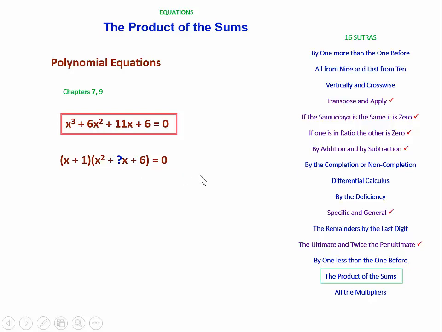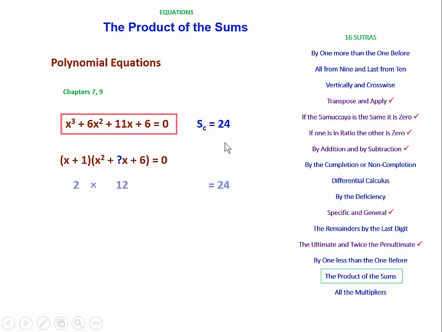And we can use the sutra for filling in that missing number. The sum of the coefficients here, if you add them up, 1, 6, 11 and 6, comes to 24. The sum of the coefficients here is 2. 1 and 1 is 2. And because this expression is equal to this cubic expression here, then the product of the sums of the coefficients must equal that 24.